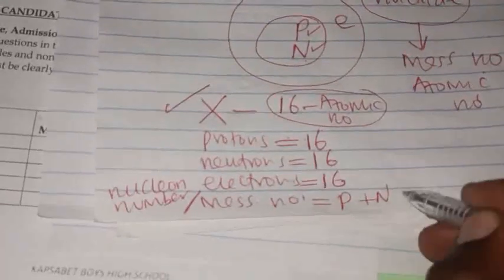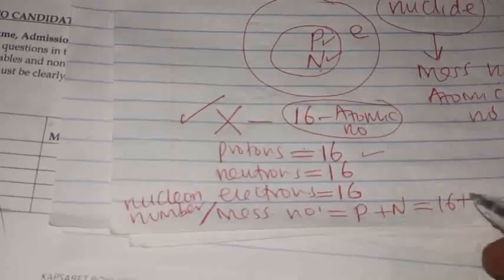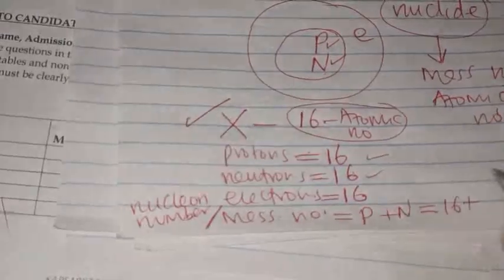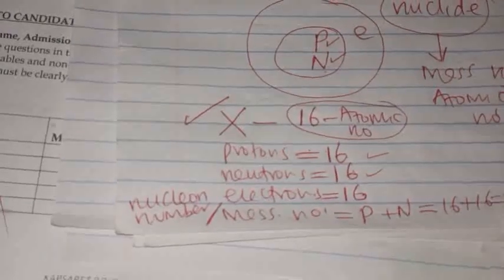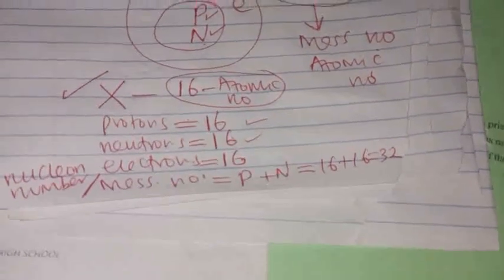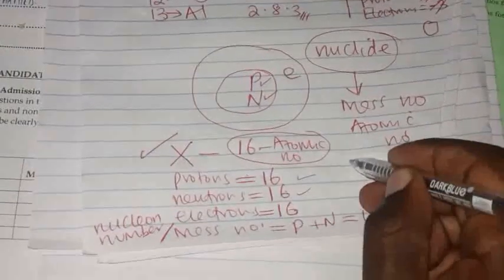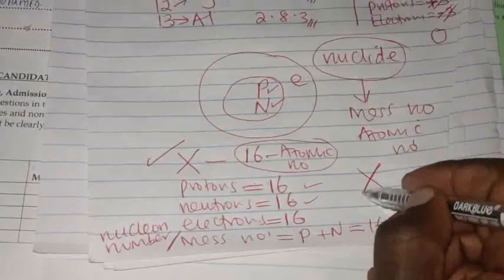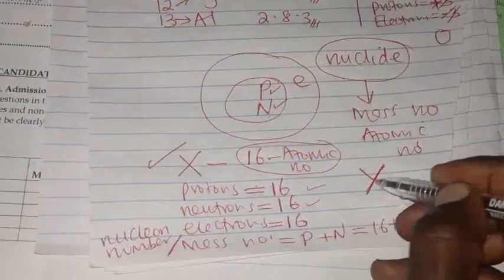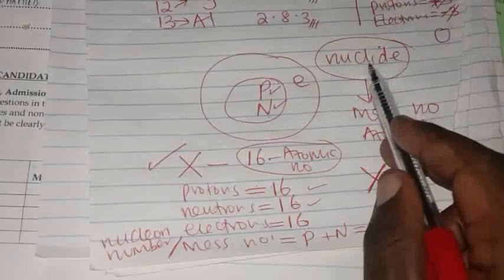So in this case, I'm going to have the protons as 16, then the neutrons as 16. So my mass number becomes 32. So, for example, I want to represent this nuclide, which is the nuclide of X. We have said a nuclide must be characterized by protons and neutrons.